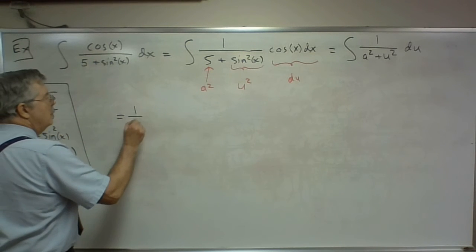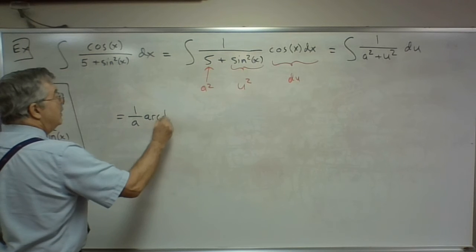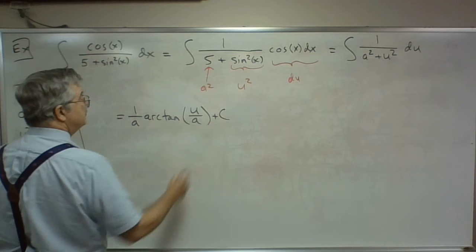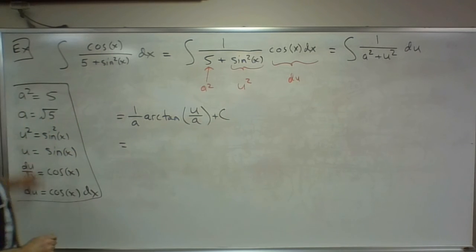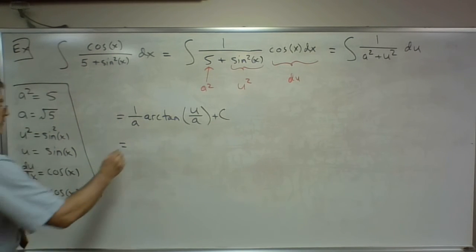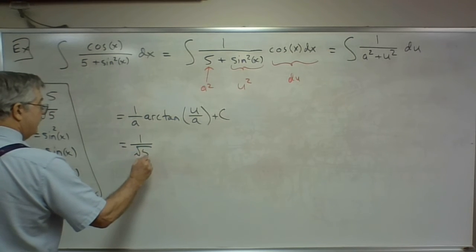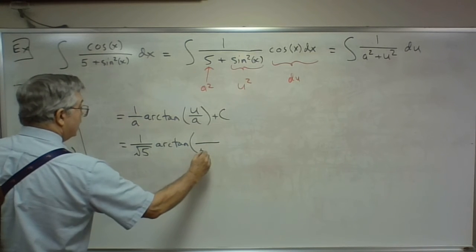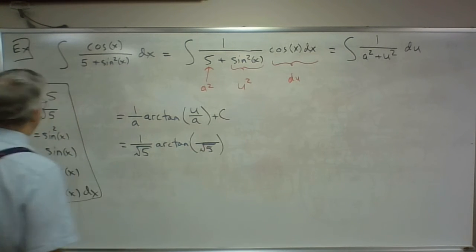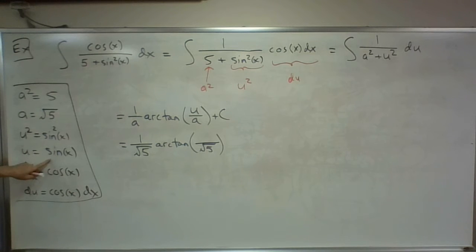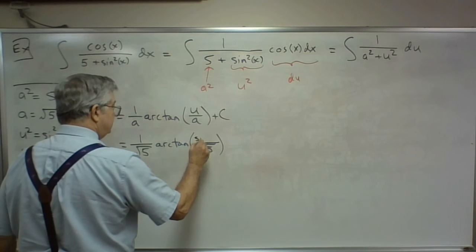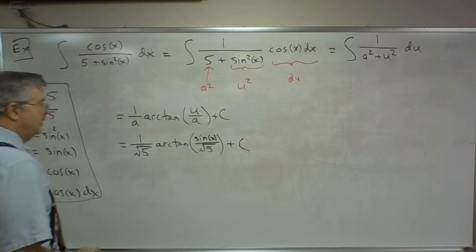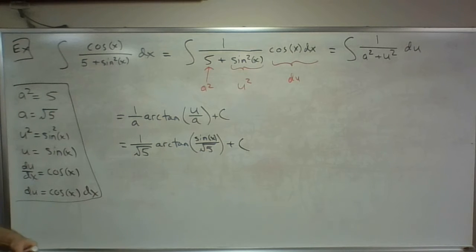Isn't it 1 over a arctangent u over a plus c, where a is square root of 5, and u is sine of x, and you know what?